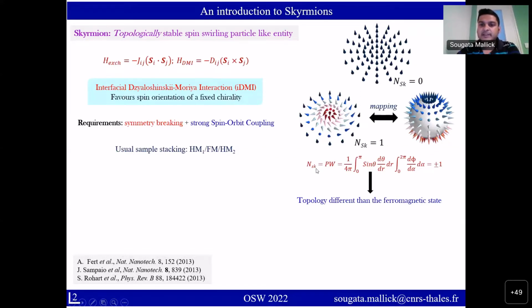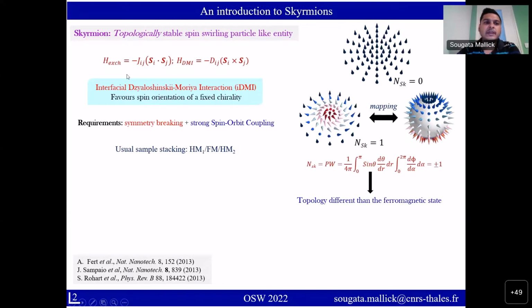That is why they can be defined by something called the skyrmion number, which is either plus or minus 1, depending on their polarity and winding number. They are different from the ferromagnetic state shown here, because you cannot go from a continuous rotation of the ferromagnetic state to this state without breaking the symmetry. And that is why these textures are topologically protected.